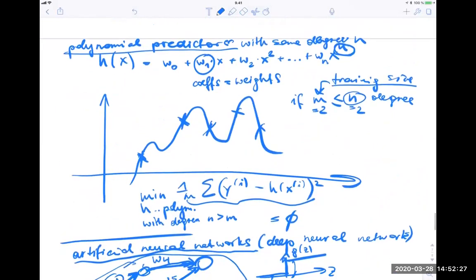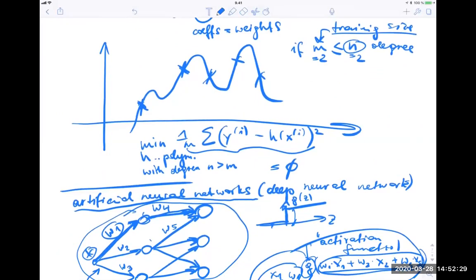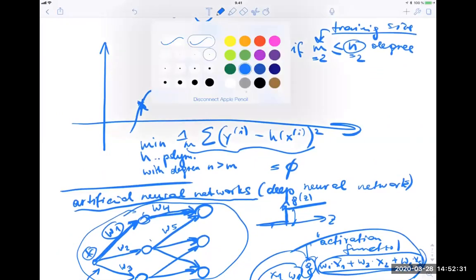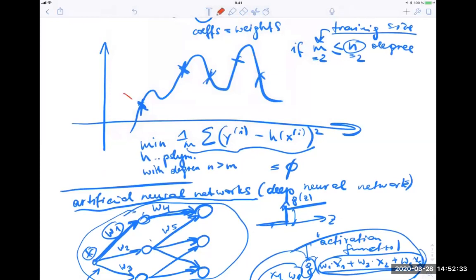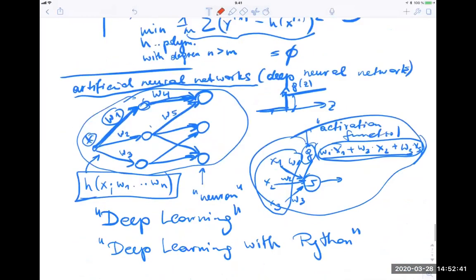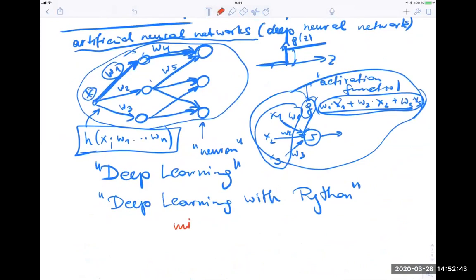And also here, this space of functions is so big, so vast, that it contains for sure a function that will perfectly fit the training data. So also here, if we minimize the training error over all predictor functions that are artificial neural networks, what we get is training error 0.